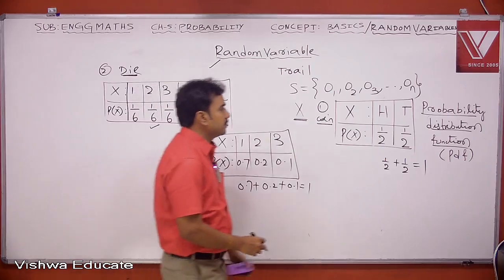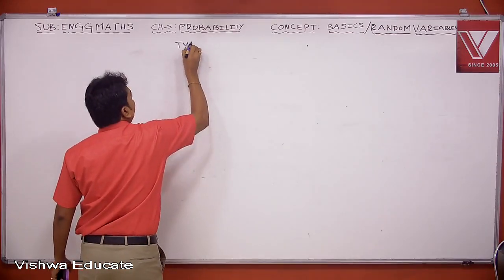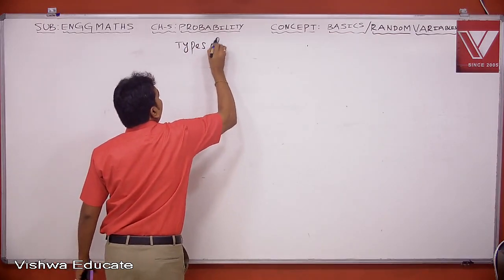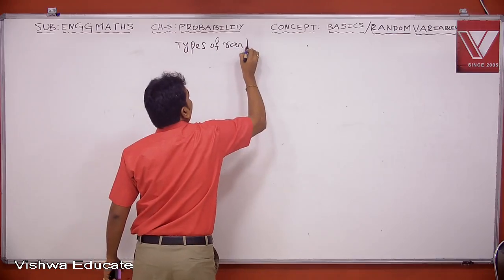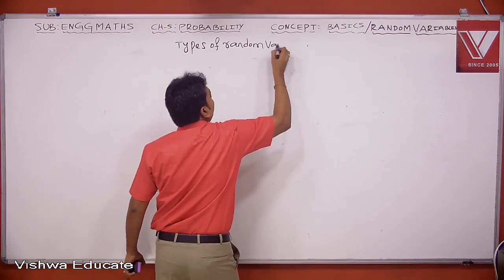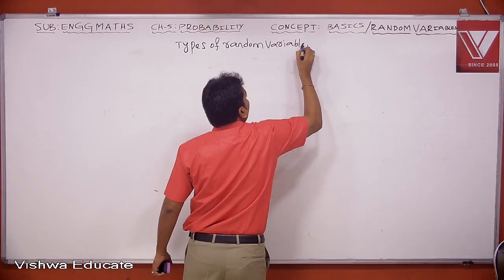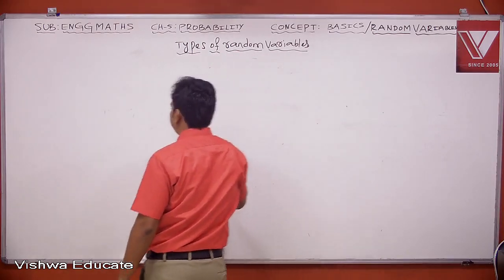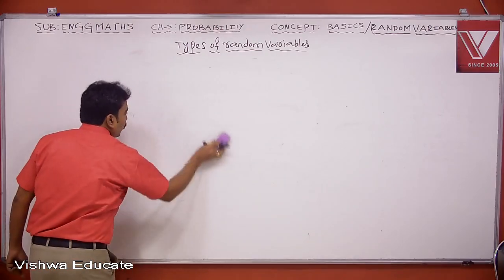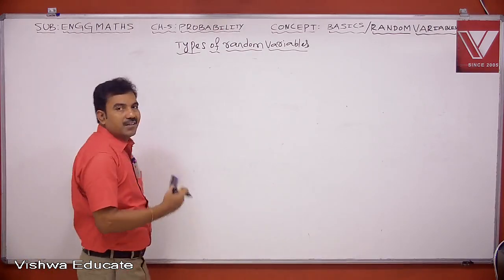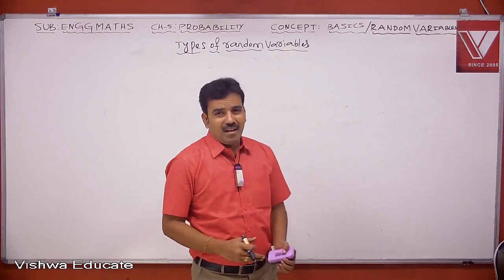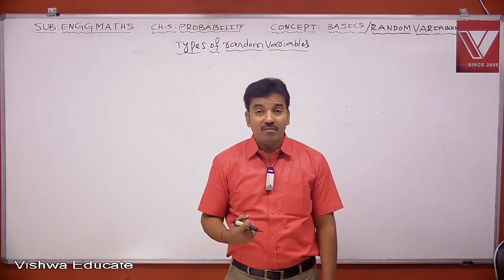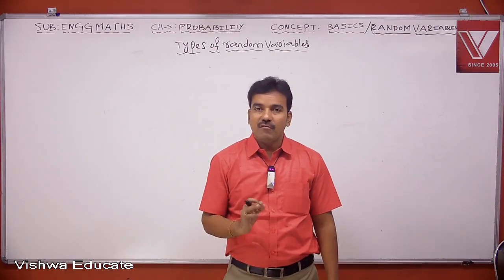Types of random variables. We have two types of random variables that depend on how many sample points a random variable takes. I have a random variable x.